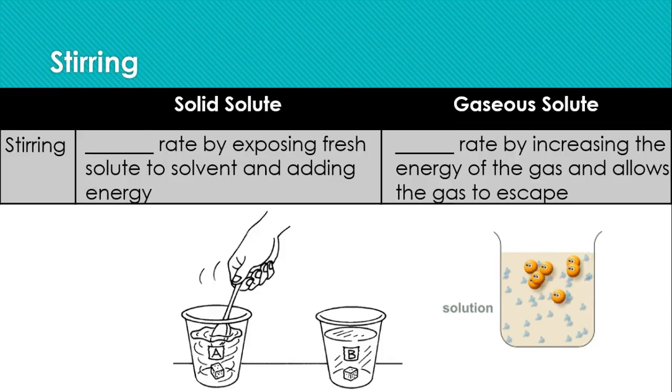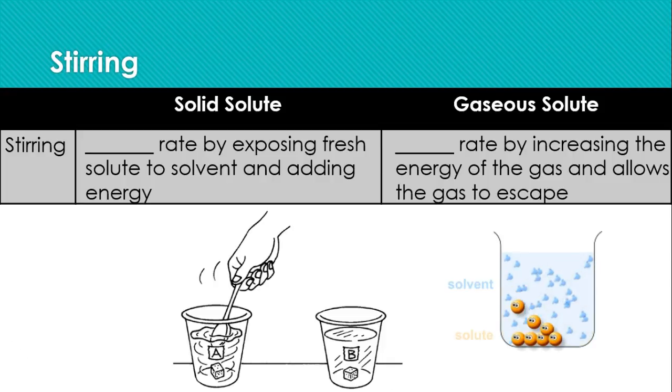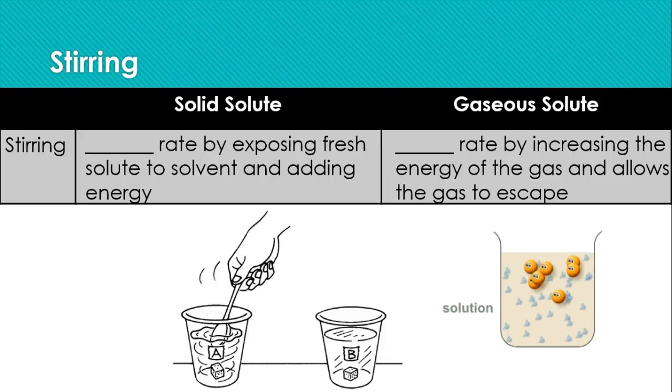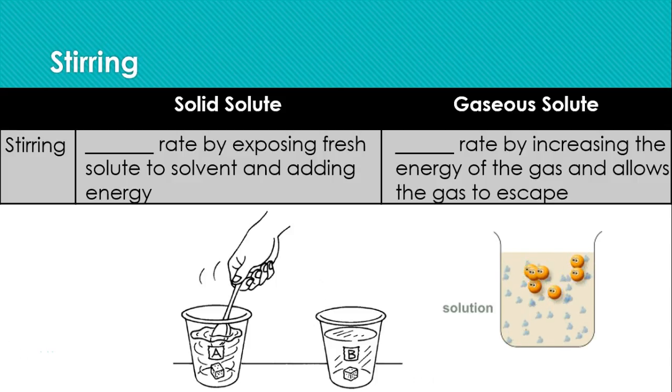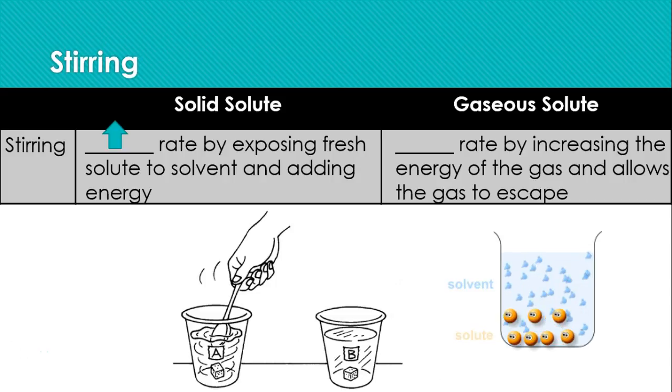How about stirring? Can stirring change how much a solid dissolves? All right, so for stirring, you probably have done this. You've probably made Kool-Aid by stirring in the sugar, and it dissolves faster when you do that. So stirring increases the rate of dissolving by exposing fresh solute to solvent and adding a little bit of energy for those particles to come into contact with each other.